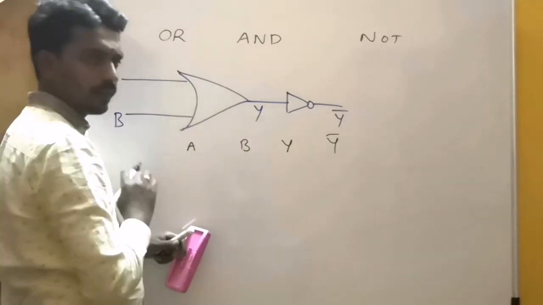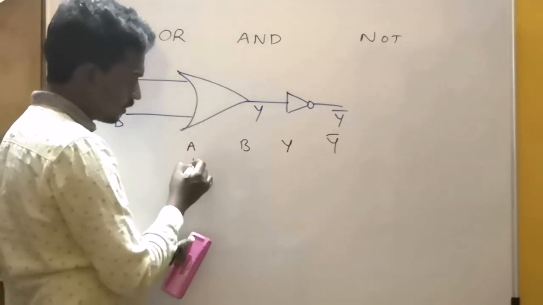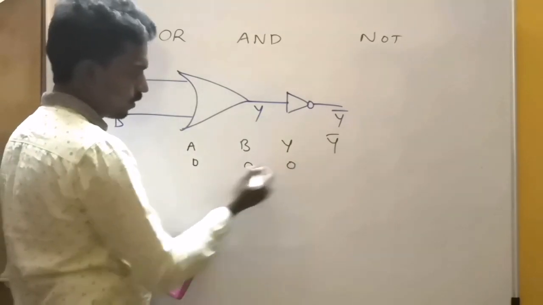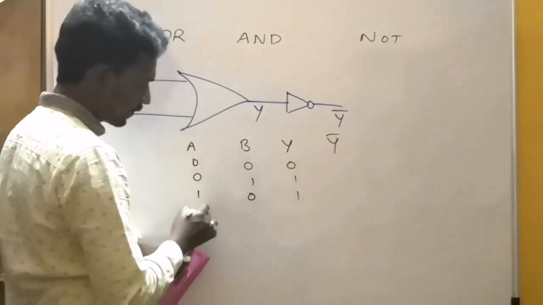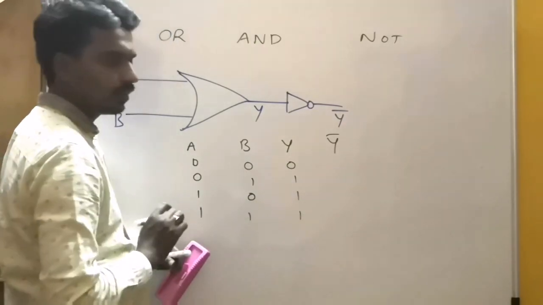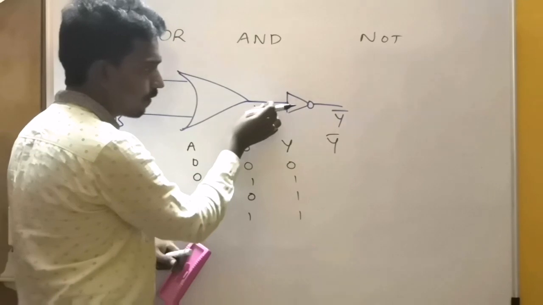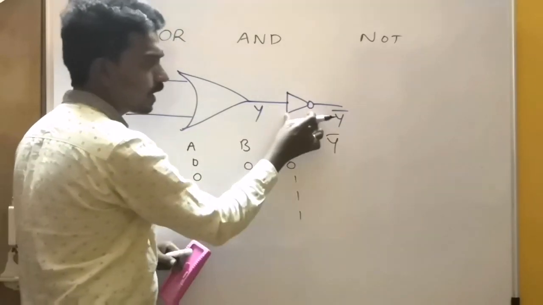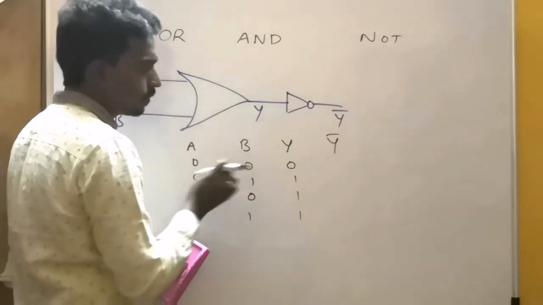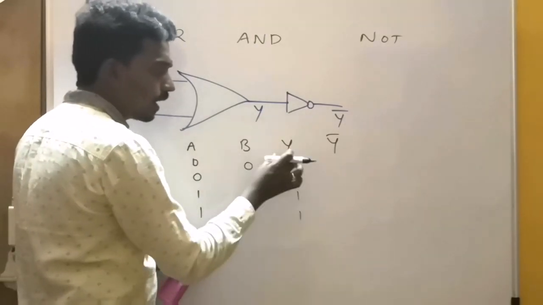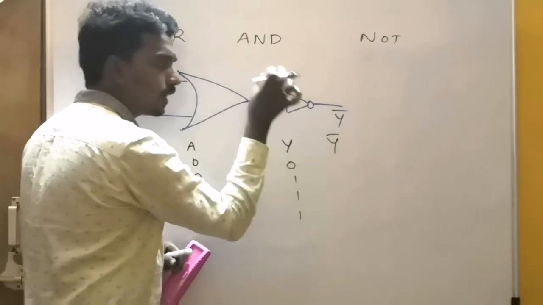So this is the OR gate. We already knew that 0, 0 gives 0, 0, 1 gives 1, 1, 0 gives 1, 1, 1 gives 1. But Y bar means after this output, you are connecting one NOT gate. So now this output will change because this is the input to the NOT gate.